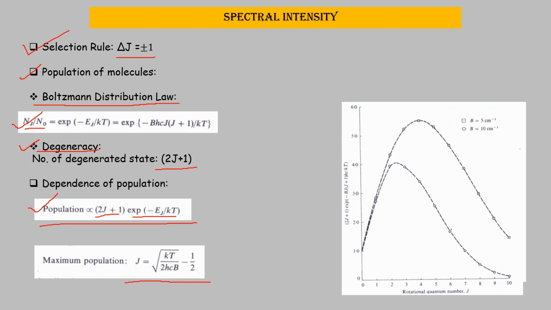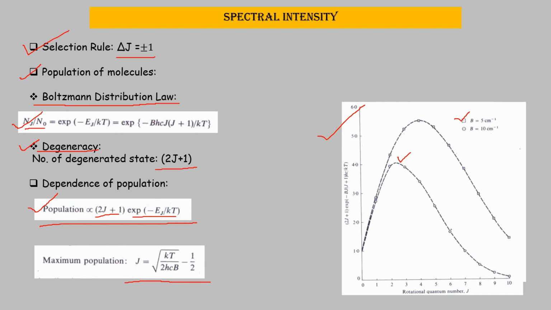From this curve we can show how the population varies with increasing J value as well as the degeneracy of the energy level. In this case, where the B value is 5 centimeter inverse, the population density is highest for approximately 2 to 3, mostly the 3rd rotational energy level.